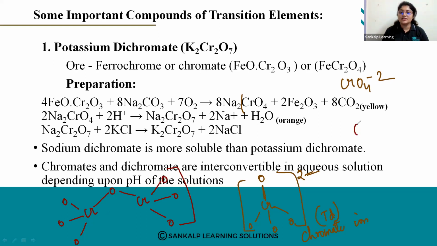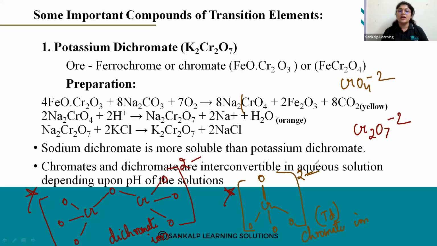This is the structure of the dichromate ion. Understood? So these are two important structures, of chromate and dichromate.